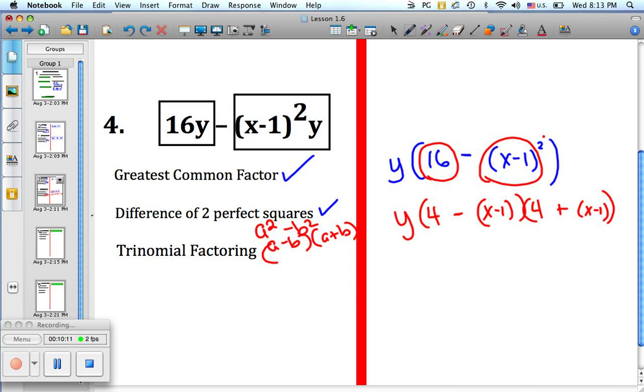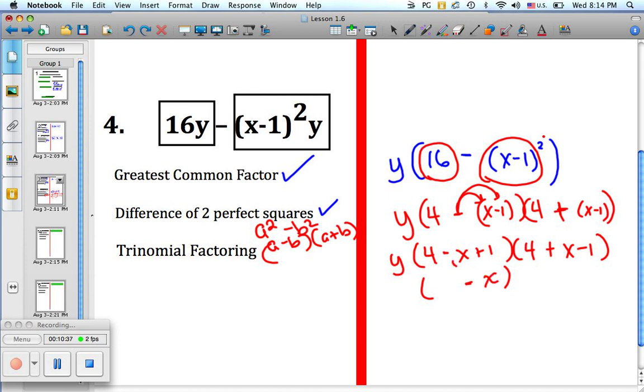Well, I'm going to clean this up a little bit. There's a y here. There's a 4 minus x plus 1. This negates everything in the parentheses. This would be 4 plus x minus 1. This is positive. I'm going to clean this up here. The negative x comes down, and 4 plus 1 is 5.